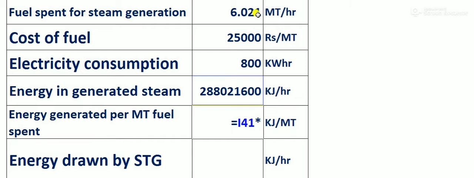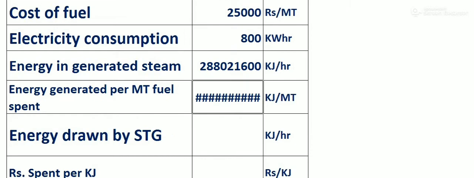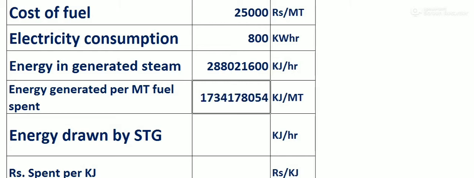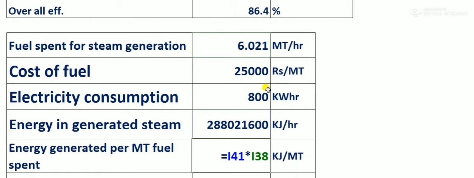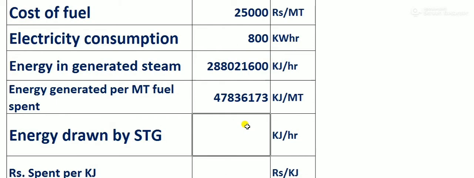The energy stored in the generated steam divided by the fuel spent will give kilojoule per metric ton of fuel. We want to divide, not multiply, and it will give kilojoule per metric ton.